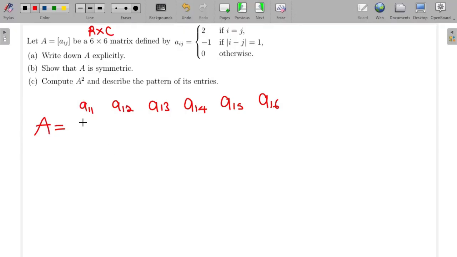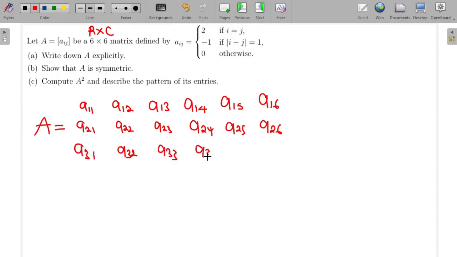Then I go to the second row. It will be A21, A22, A23, because this is the third column, second row, A24, A25, and then A26. I continue. This will be A31, A32, and then A33, A34, and then A35, A36.